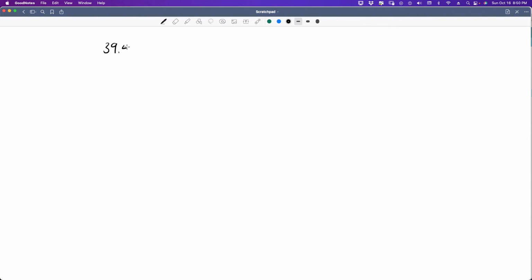39.4. And this one says z minus 3 over 5 is equal to 2 over 10. So we've got to find the number that when we take 3 over 5 away, we're left with 2 over 10. So first, let's get z by itself. So we're going to add 3/5 to both sides.